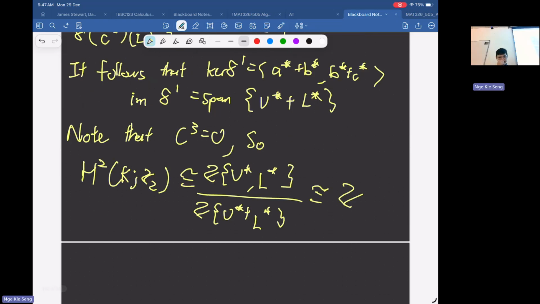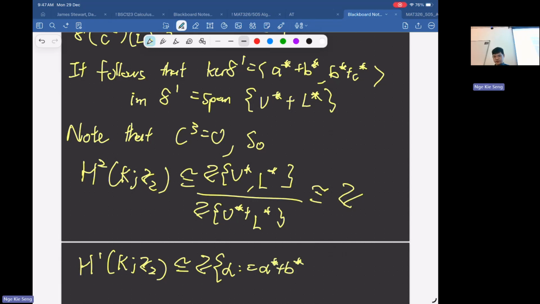Then what is H1? H1 is just what we had. There's no image of del zero. Interesting. I didn't check last time, maybe you can check first, but it seems that H1 is just generated by these two.